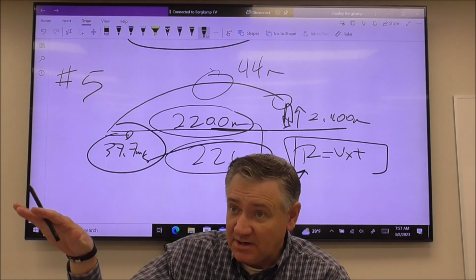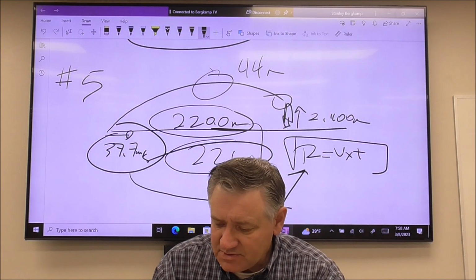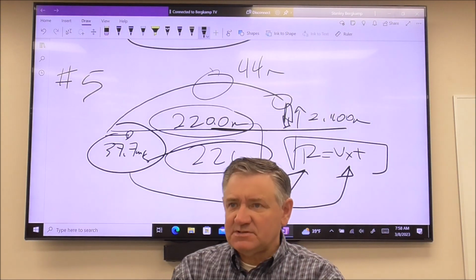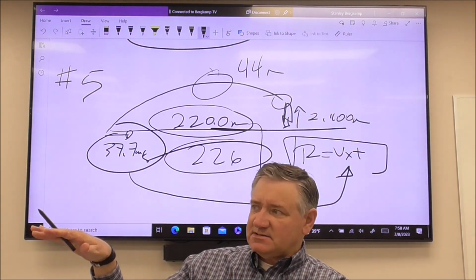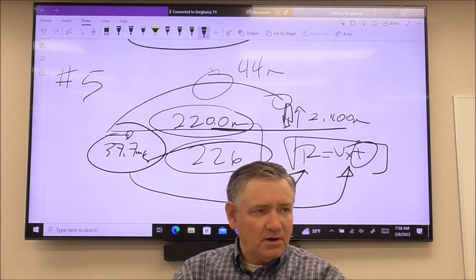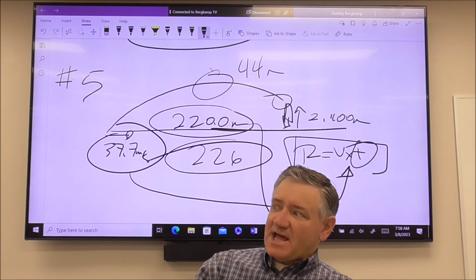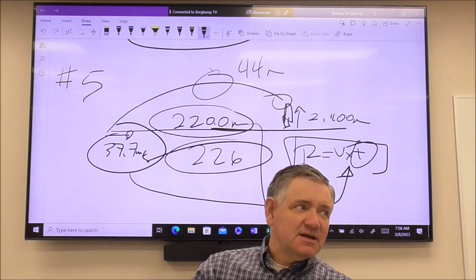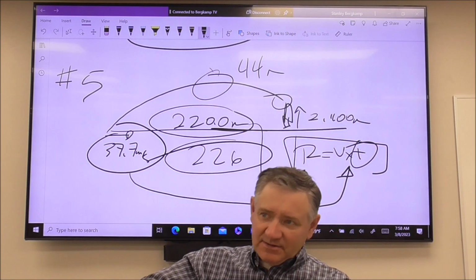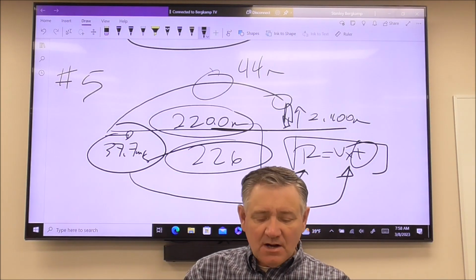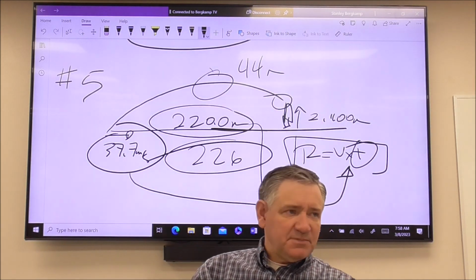That's how far it has to go, and it's going to travel at 37.7 meters per second. That's your Vx. So then you can figure out how long it's going to take to get there, which obviously has to be less than 6 seconds, because 6 seconds is the entire time. So you can figure out how long it's going to be in the air.